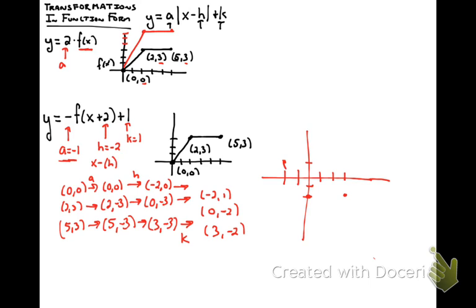And so now, because of all the changes that this graph has undergone, it has been reflected and then moved back 2 and up 1. And now it's ended up here. Hope this helps.